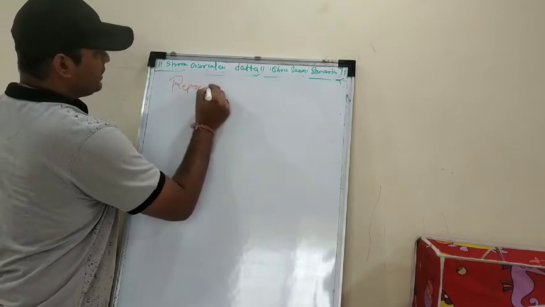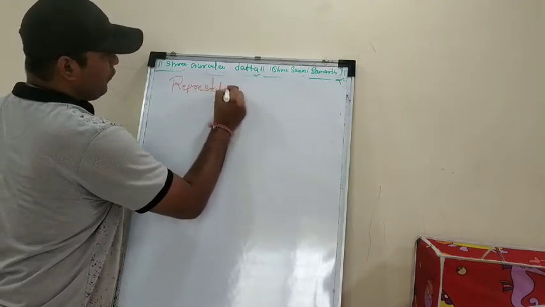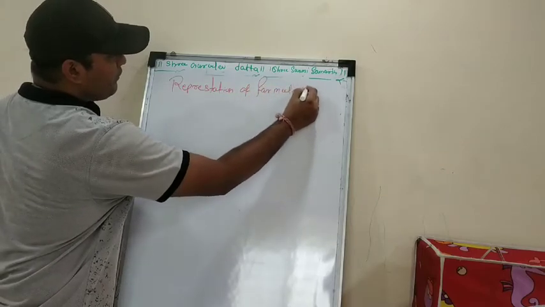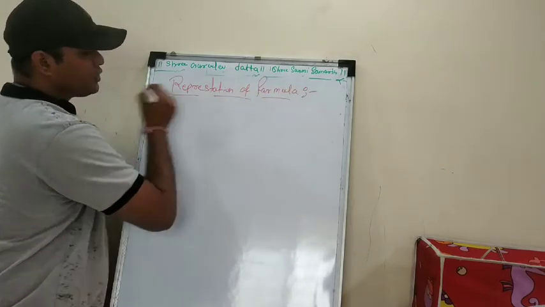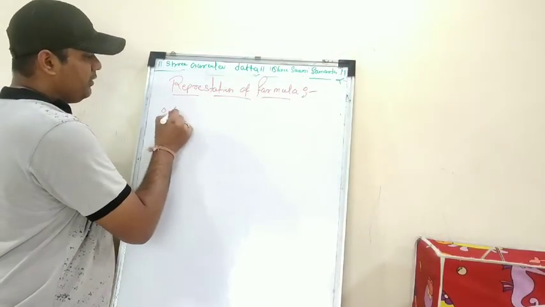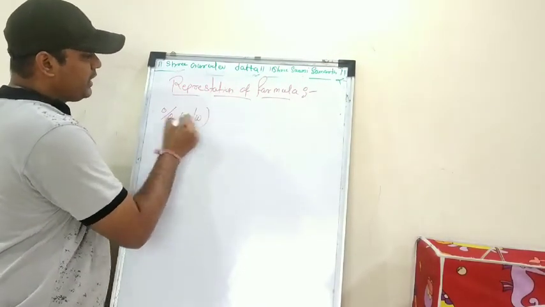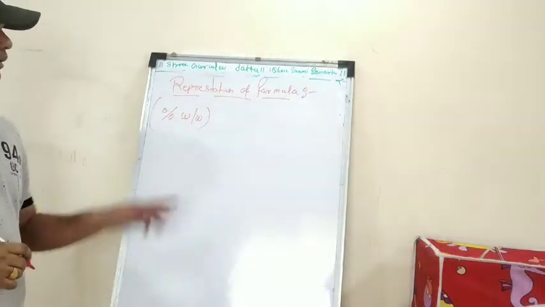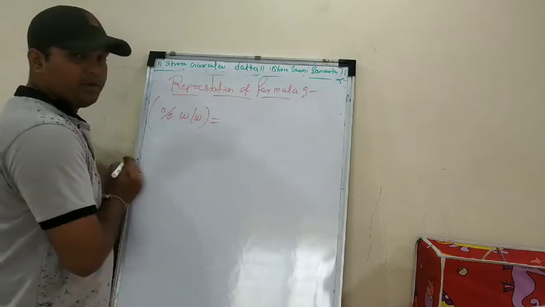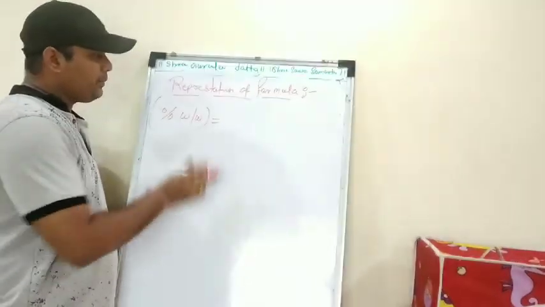Representation of formula. So how are we going to represent the formula? In this case, we are going to represent the formula by using this particular notation, right? So W by W. It is very easy to represent the formula.